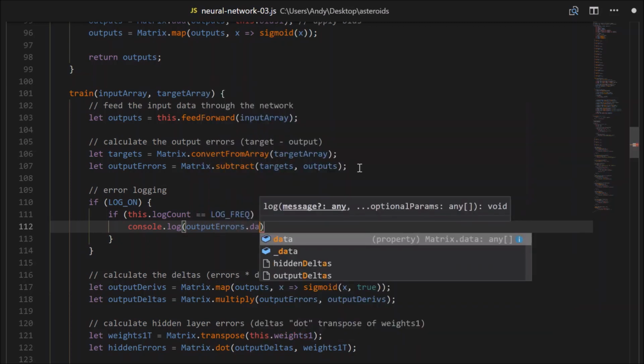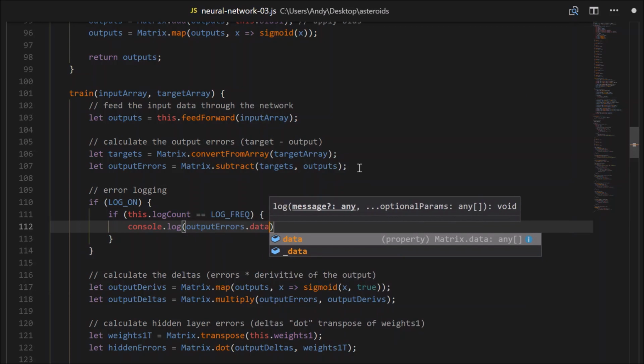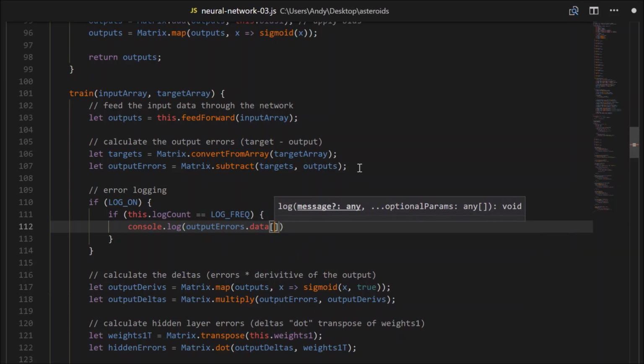Now, it's a matrix, so we'll need to grab its data array. And there's only going to be one error because we've only got one piece of output. So we'll just do the first row, first cell. Probably prefix that with something so we know what we're outputting, error equals that.